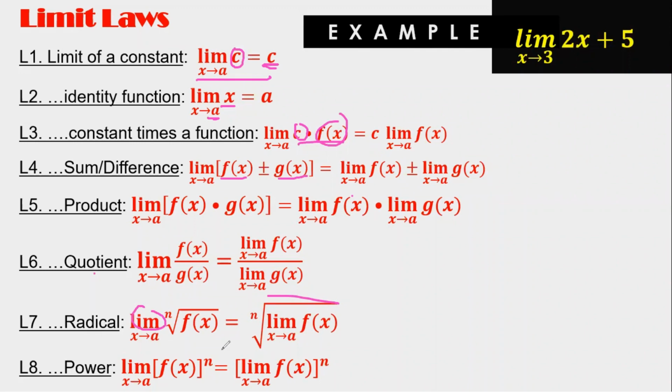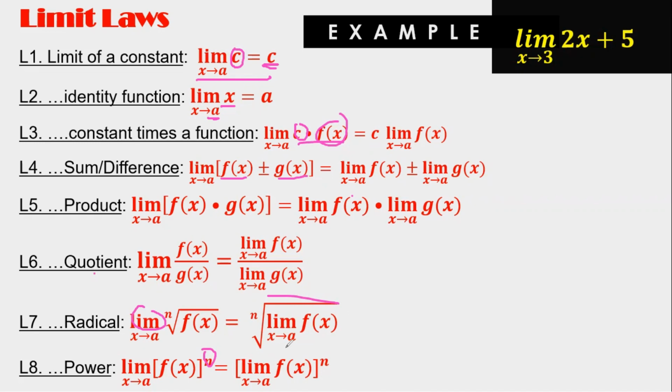As you can see, the limit here will be added in the radicand. And for the limit of a power, the limit of a function where n is your power, the limit will be written inside the parentheses or the group of a power.